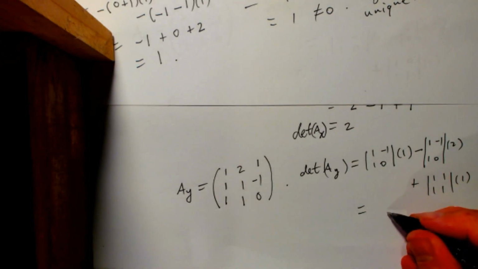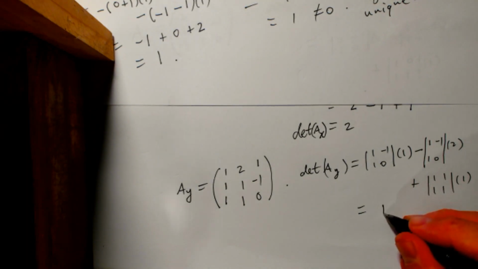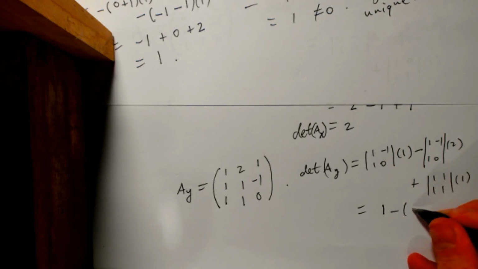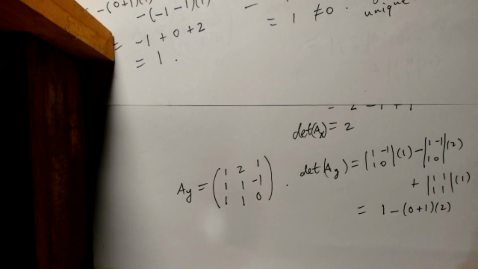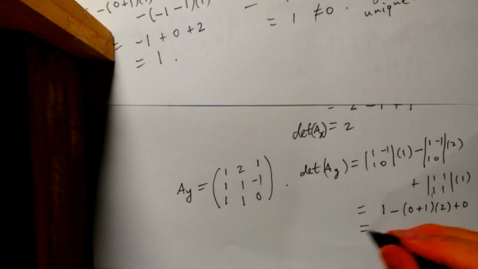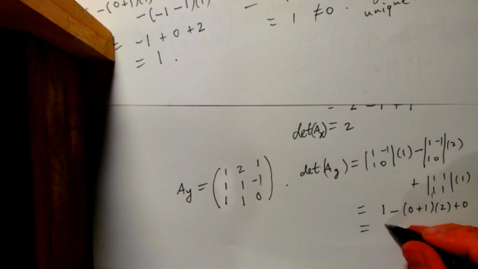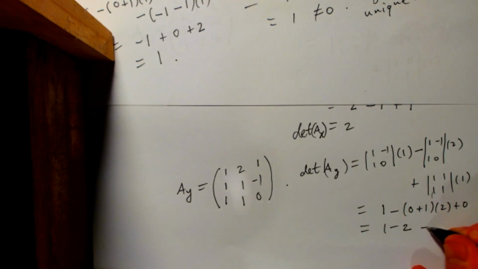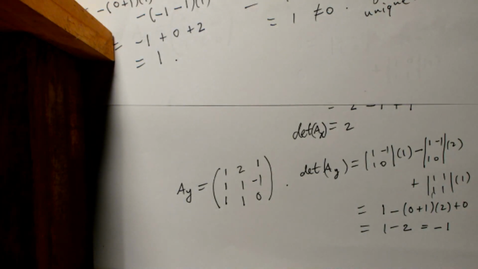We've got 0 minus minus 1, so that's 1 times 1 is 1. Then minus 0 minus minus 1 is plus 1 by 2. And then plus 0, because this determinant right here is 0. Okay, simplifying this one, we've got 1 minus 2 is minus 1. So the determinant of A subscript Y is minus 1.